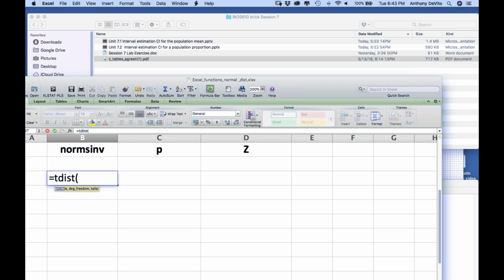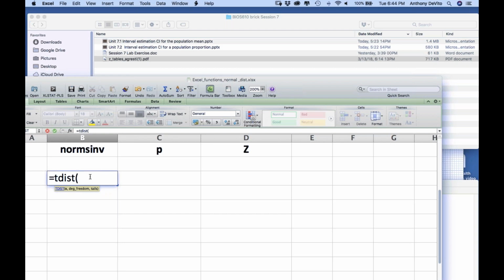So this time, when I put in T.DIST in parentheses, it's asking me for x, the value that I'm interested in, the number of degrees of freedom, and the number of tails, two-tailed or one-tailed. Okay, it's always generally going to be two-tailed. So I'm going to say the value is, let's see, what am I looking for here? Let me think about x here.